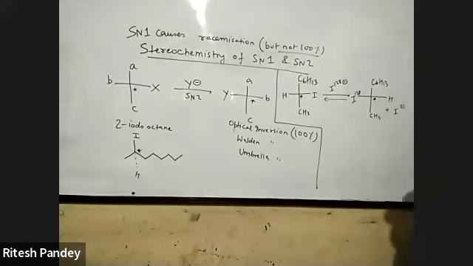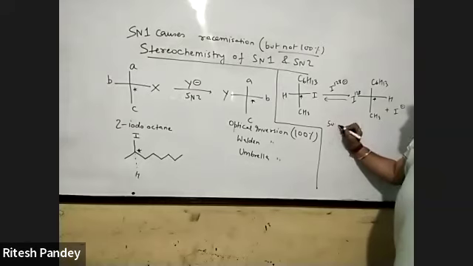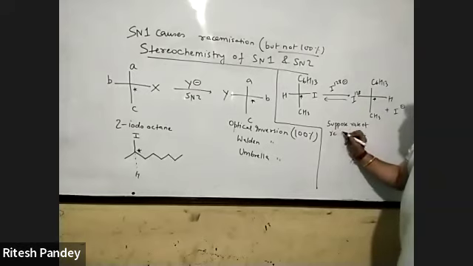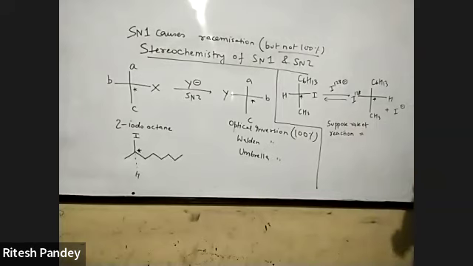I would simply say, suppose the rate of this reaction is something like R1, the rate of the reaction. All right. Why R1? I would take it R only. Suppose the rate of the reaction is some R.